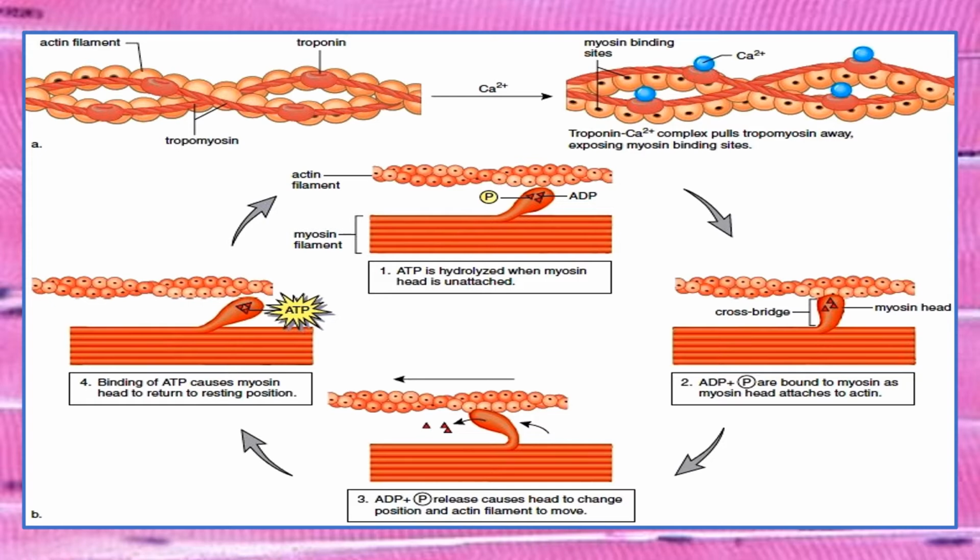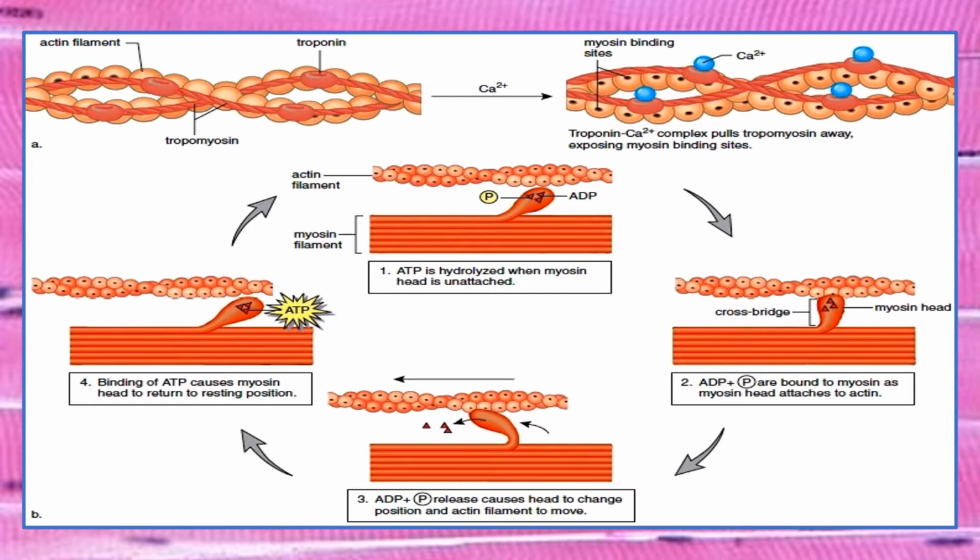Calcium is needed to bind and move it. An action potential causes the release of calcium from the lateral sacs of the sarcoplasmic reticulum and into the cytosol of the muscles. Once in the cytosol, it binds to sites on the troponin-tropomyosin complex, altering it and allowing for the exposure of the actin binding sites.